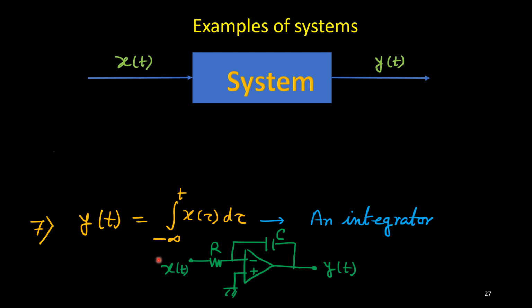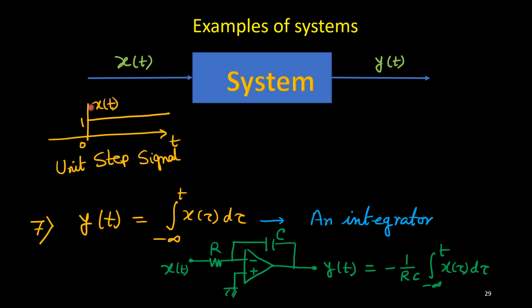So this is the block: one op-amp, with the signal x(t) connected to the inverting terminal through R, and the feedback element is a capacitor. The output y(t) we can express as minus 1/(RC) times the integral of x(τ) dτ. Easily we can prove this.